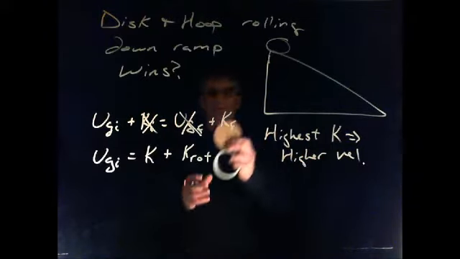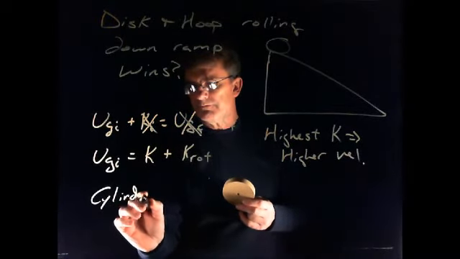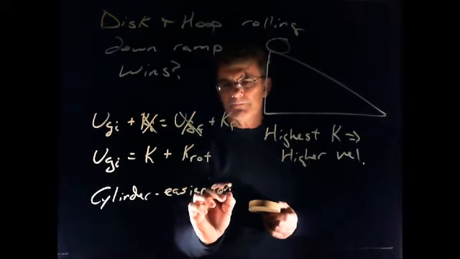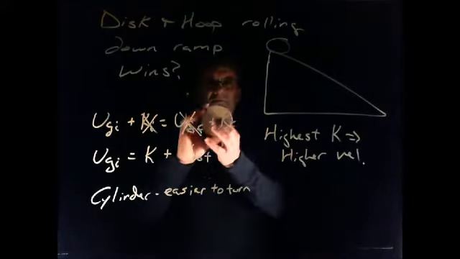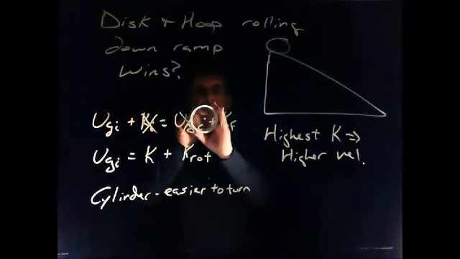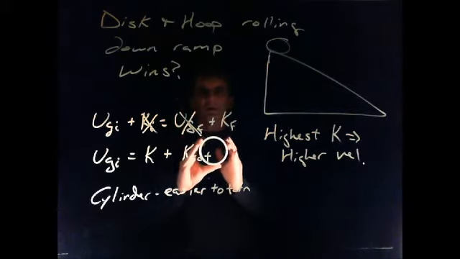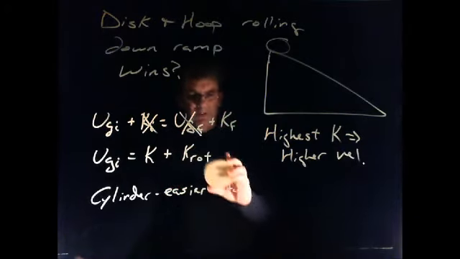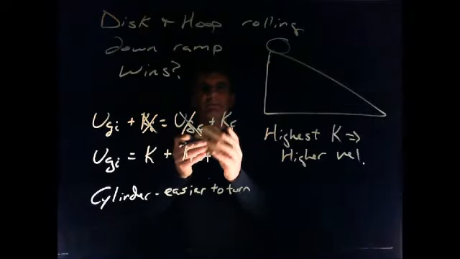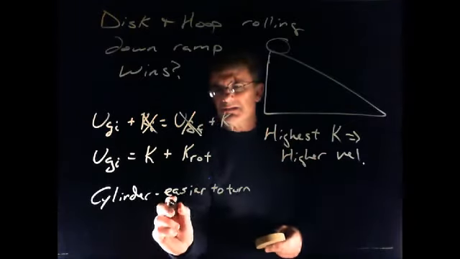Compared to the hoop, my cylinder is going to be easier to turn, because I have more mass near the center. With my hoop, my turning point's in the middle, all my mass is on the outside. It's farther away. Rotational effect. Because I have more mass near my turning point, this is going to be easier to turn. If it's easier to turn, it takes less energy to turn.